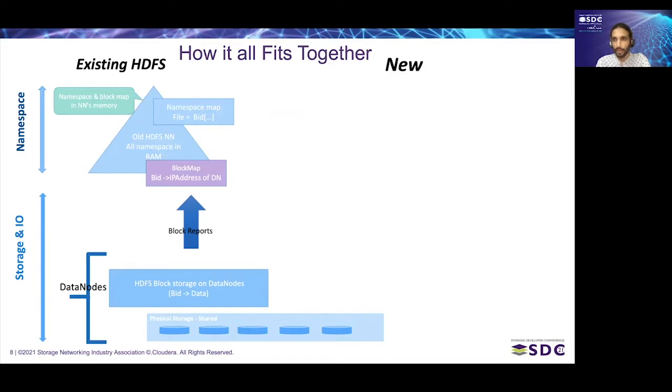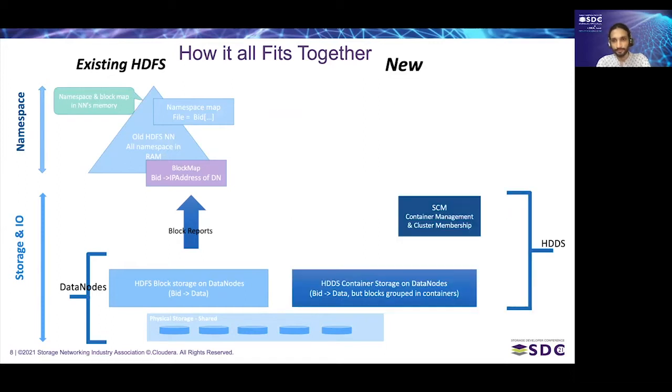So now let's look at the Ozone architecture. Ozone separates the block layer or the container layer. The name node of a typical HDFS cluster has been divided into two separate components now. One is SCM. This is the cluster manager.